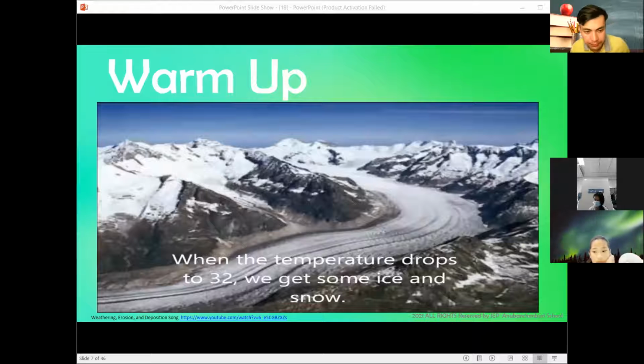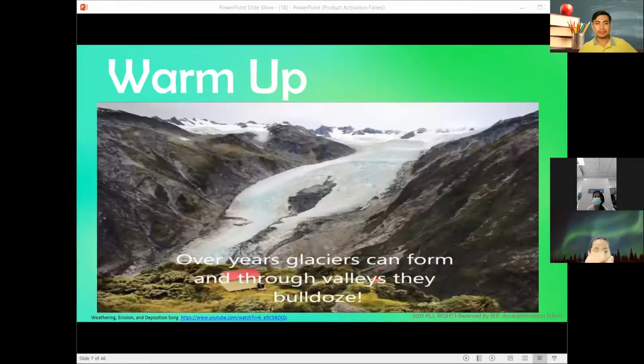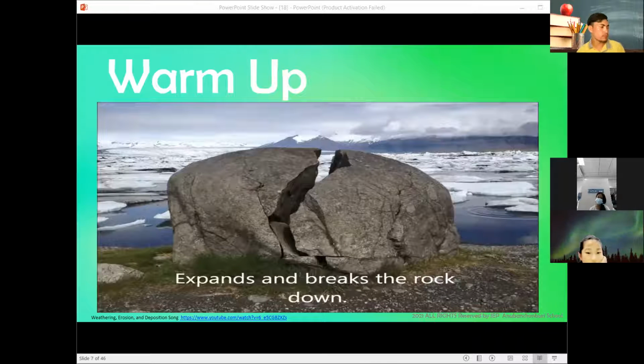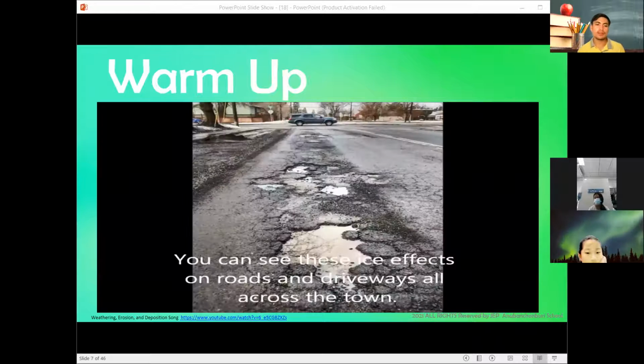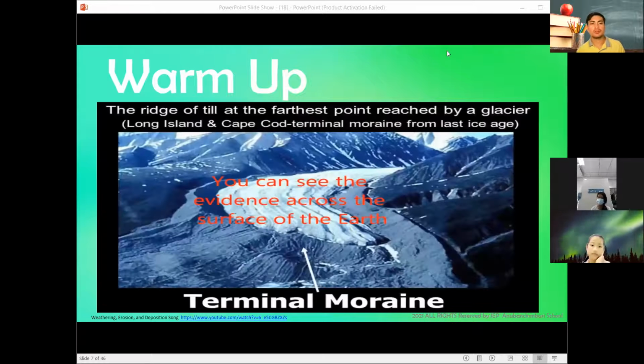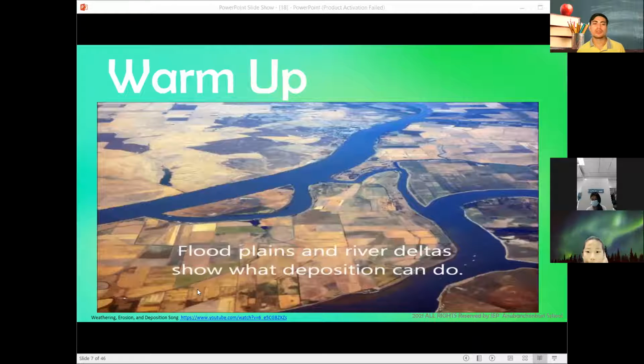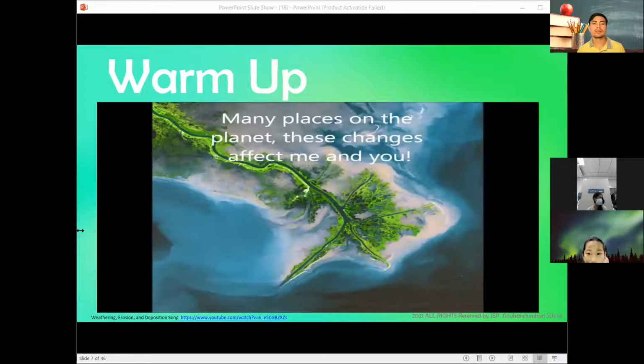When the temperature drops to 32, we get some ice and snow. Over years, glaciers can form, and through valleys they bulldoze. This ice gets into cracks in rock, expands and breaks the rock down. You can see these ice effects on roads and driveways all across the town. See the evidence across the surface of the earth. Terminal moraines and valley lakes show that glaciers are at work. Floodplains and river deltas show what deposition can do. Many places on the planet, these changes affect me and you.